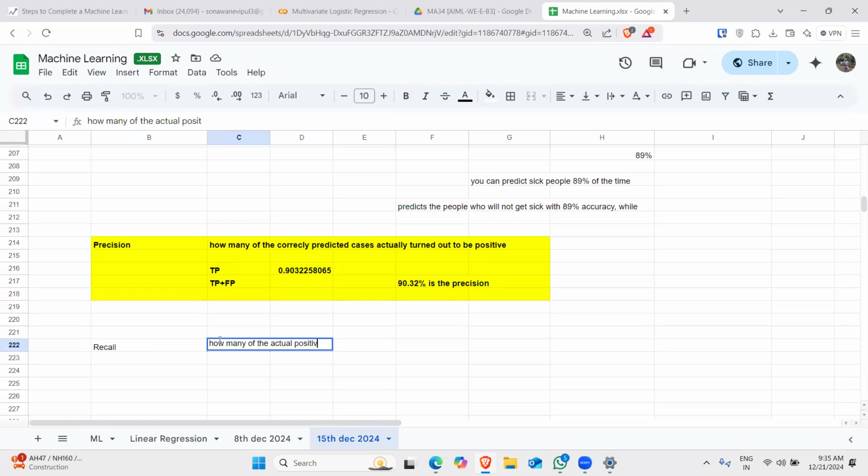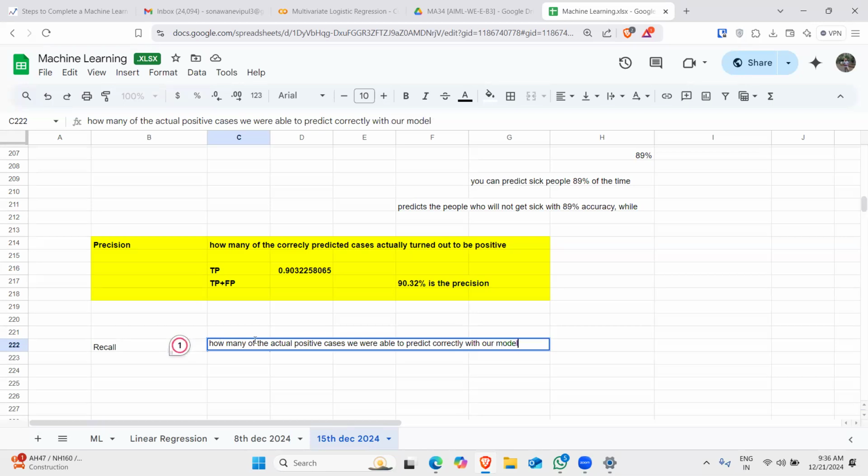Predicted cases, how many are the correct cases? Yes, in all predicted cases, how many are correct? Very good. Just a minute.